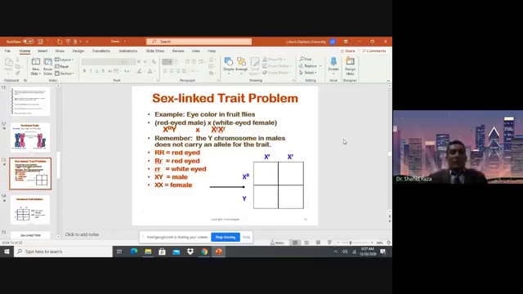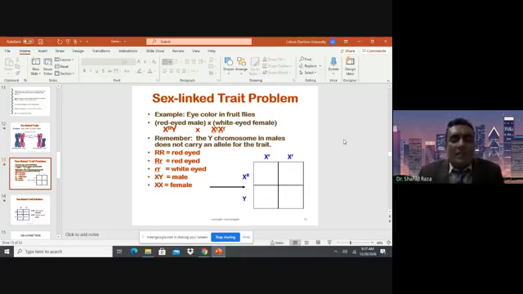Here is a sex-linked trait problem: eye color in fruit flies. There is a cross of a red-eyed male with a white-eyed female. It is represented as X^R Y crossed with X^r X^r. Remember, the Y chromosome in males does not carry an allele for the trait.